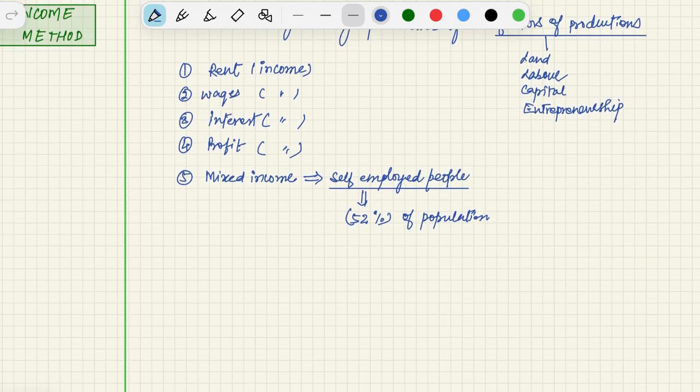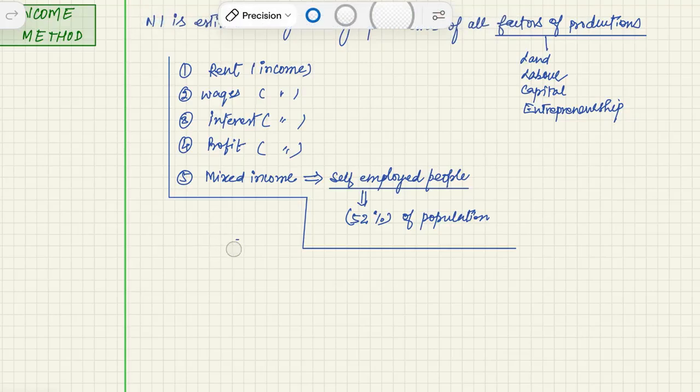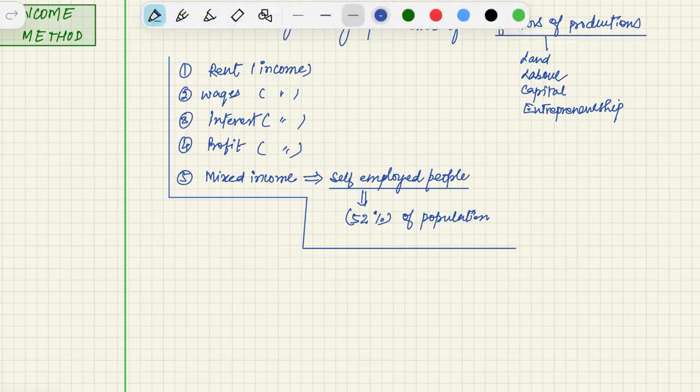So whatever we add over here, we get the value of domestic income.